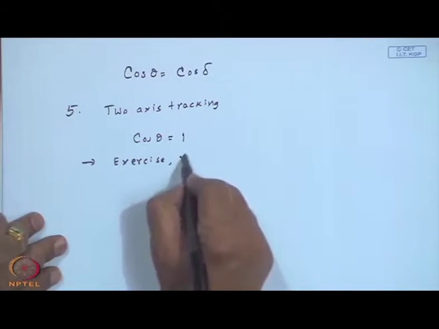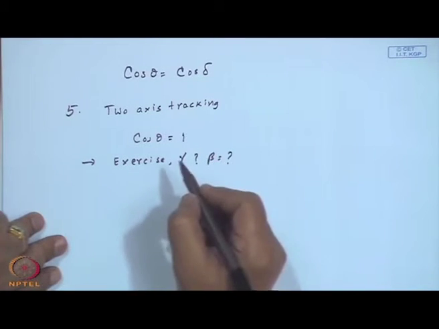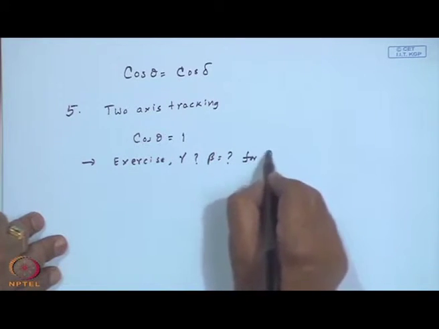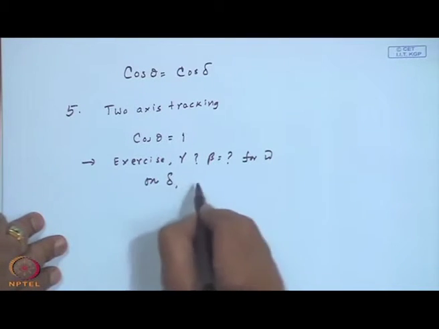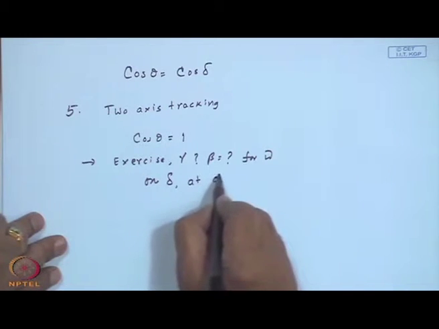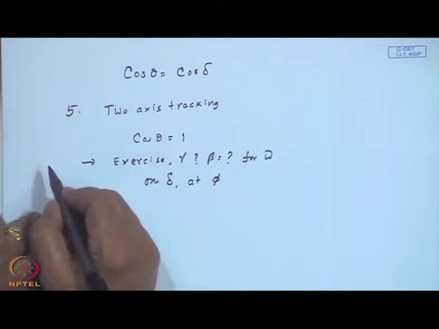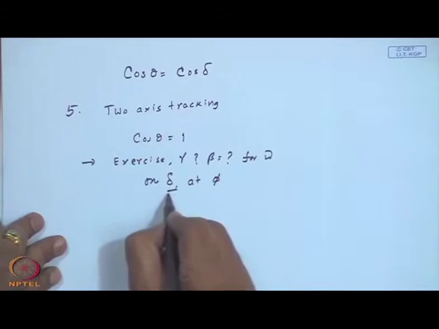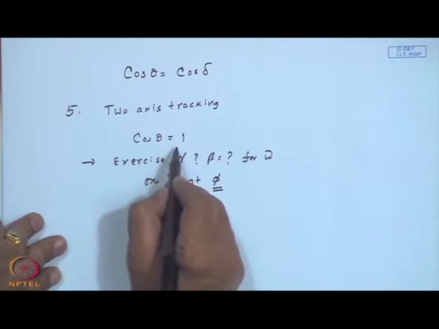So, you can have a little exercise: you need gamma how much, beta how much for a given omega on a delta day at a location of phi. So, if you can find out what should be the azimuthal angle and the slope at a given instant of time given by the hour angle for a particular day characterized by the declination delta at a location of latitude phi, you can find out cos theta equal to 1.